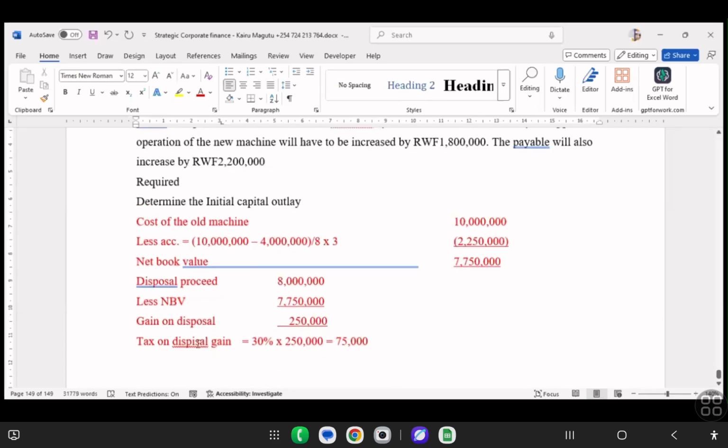Now, we need to determine the initial capital outlay.